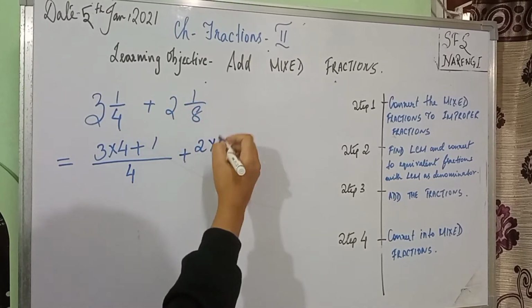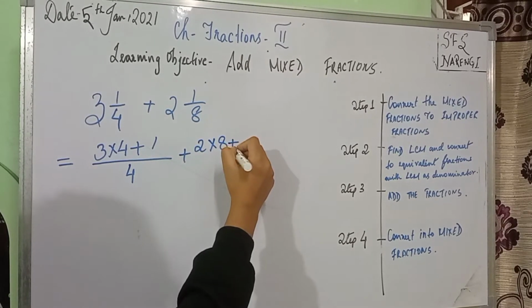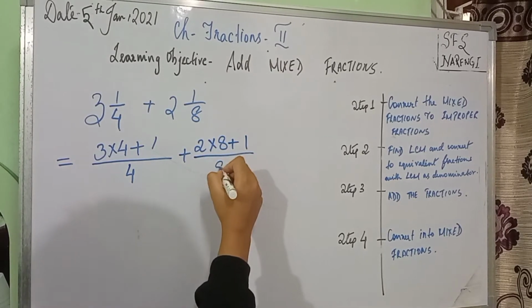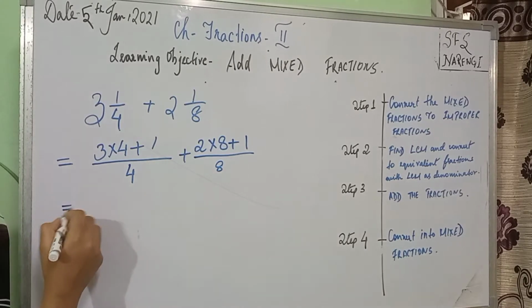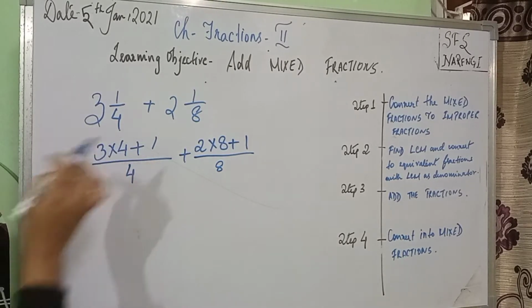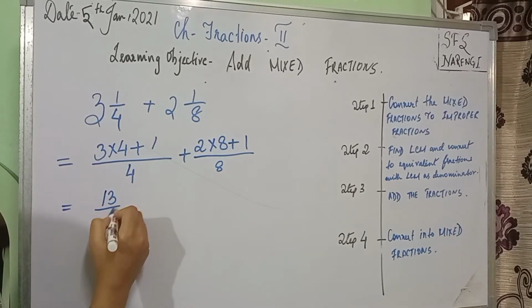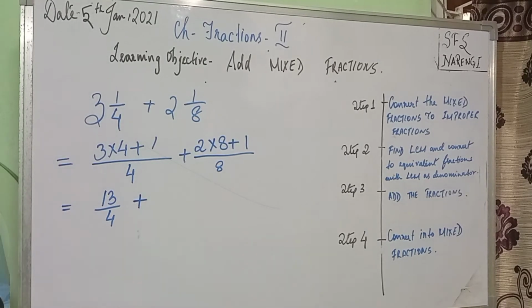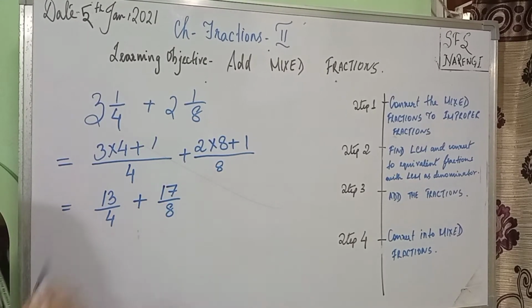Let me multiply it with the denominator 8, then add the numerator 1 and divide the entire thing by 8. Now let us multiply and add. 4 multiplied by 3 is 12, plus 1 is 13. I have 13/4, plus 8 twos are 16, plus 1 is 17. That is 17/8.